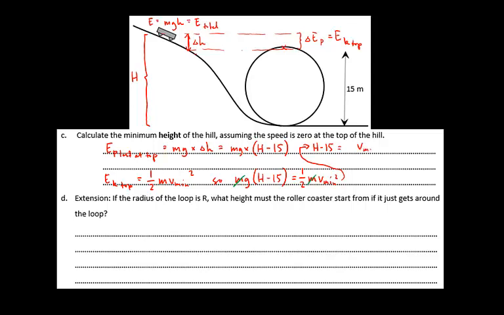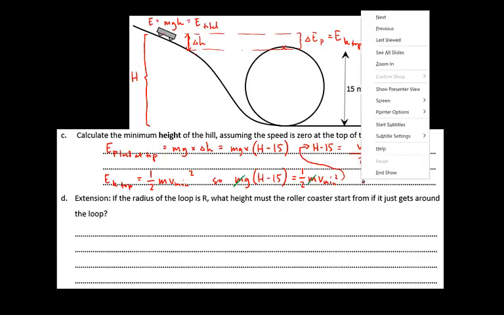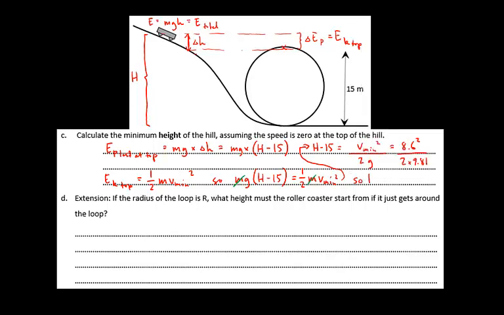v min squared over 2g, which is equal to, what did we have as our v min? It was 8.6, over 2 times 9.81. So H is equal to 8.6 squared over 2 times 9.81 plus 15.